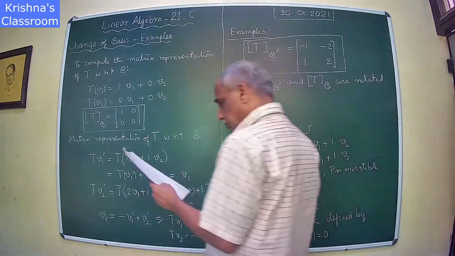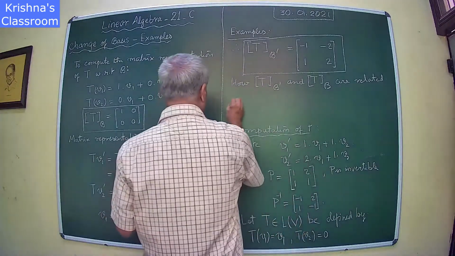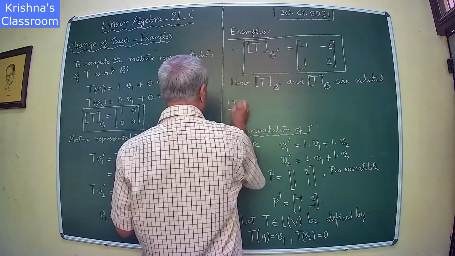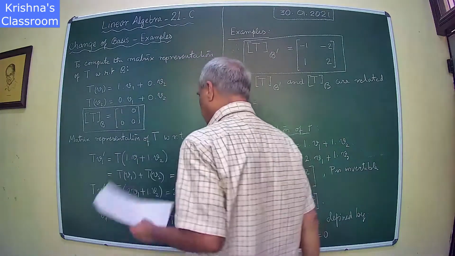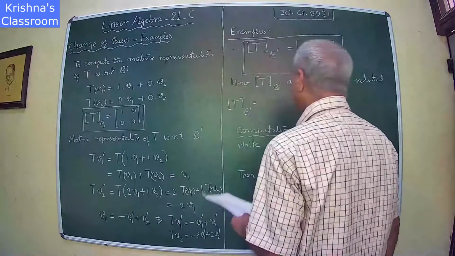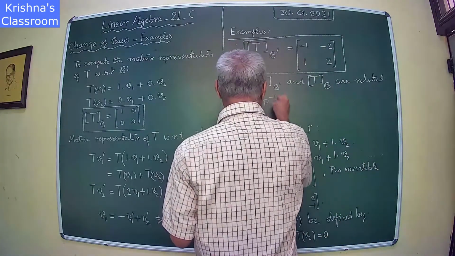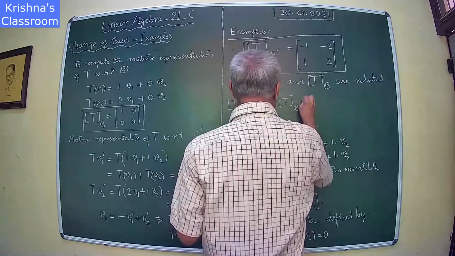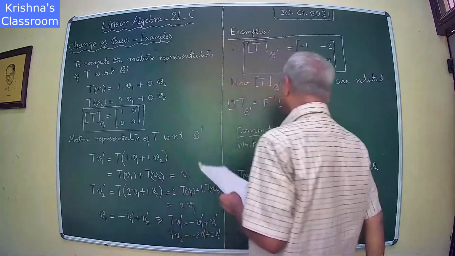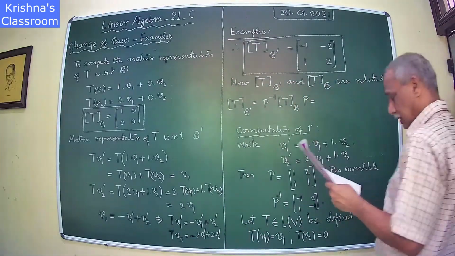Now according to the theory that you have, T_B prime is in fact P inverse T_B P. Let us write down what it is.